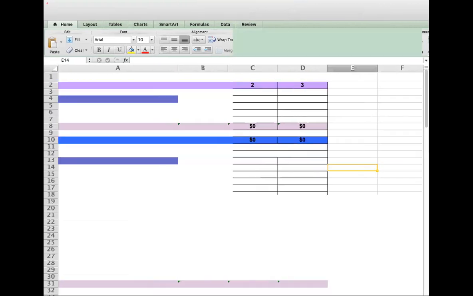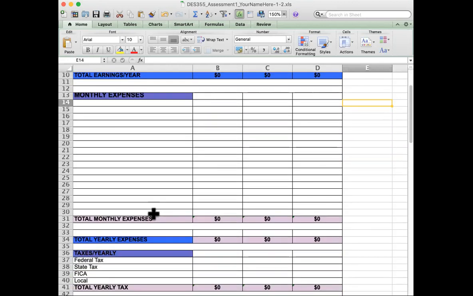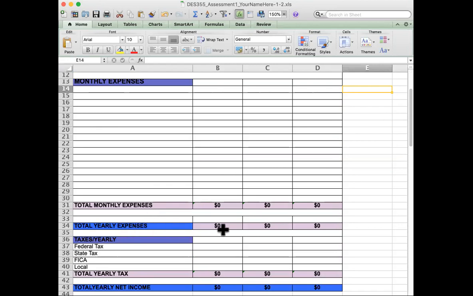Okay, so this is Excel, and what you're going to do is fill this out first. We're going to fill out month 1, 2, and 3 based upon your hourly rate and billable hours. So month 1, month 2, month 3 will be in the vertical columns, and then you're going to plan out your monthly expenses, and then obviously your yearly expenses will be totaled.